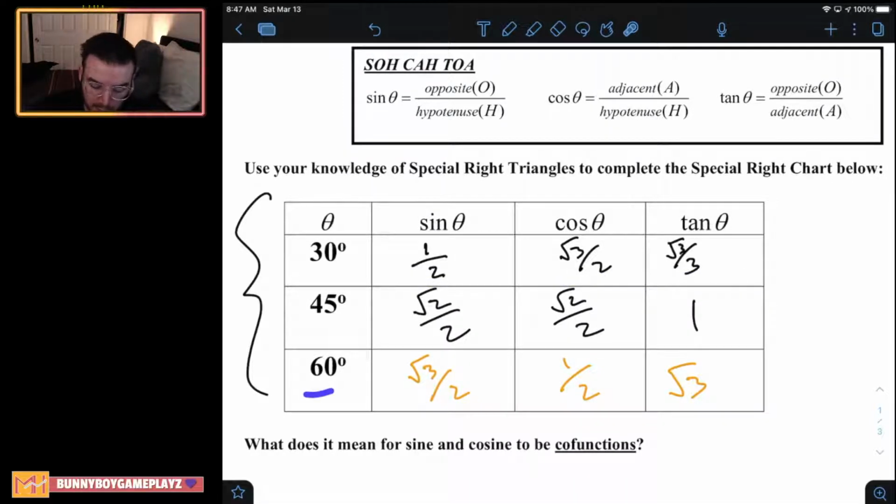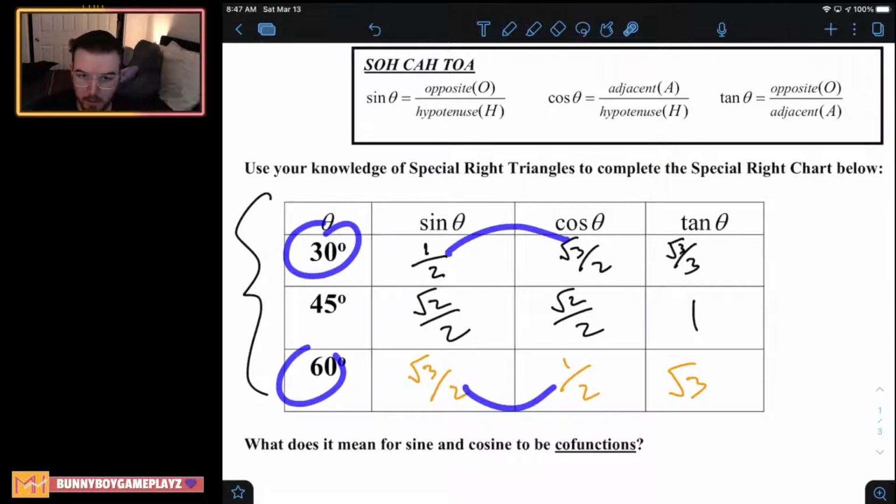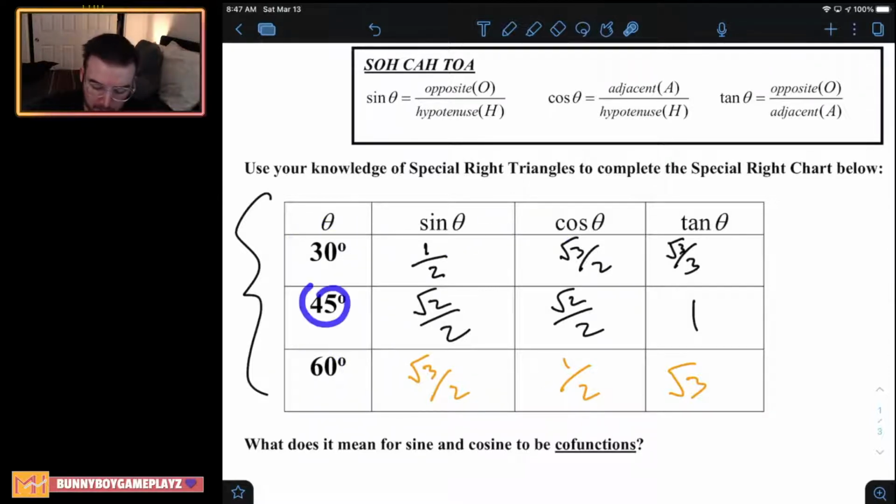For 60 degrees, it's decreasing. The numbers are getting smaller in a way. It's not exactly perfect. I don't have some perfect method to memorization, but try to find a pattern that works for you. You can see here for 30 and 60, these guys are swapping, right? And for 45 degrees, these are the same.